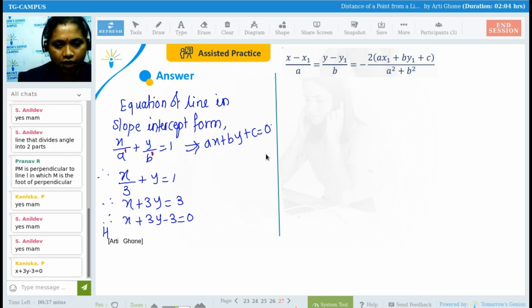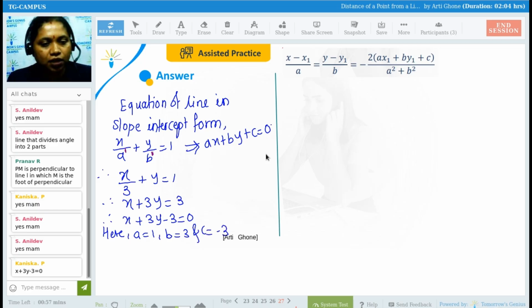Good. So here A is equal to 1, B is equal to 3 and C is equal to minus 3. Now put this and tell me the answer of the image.